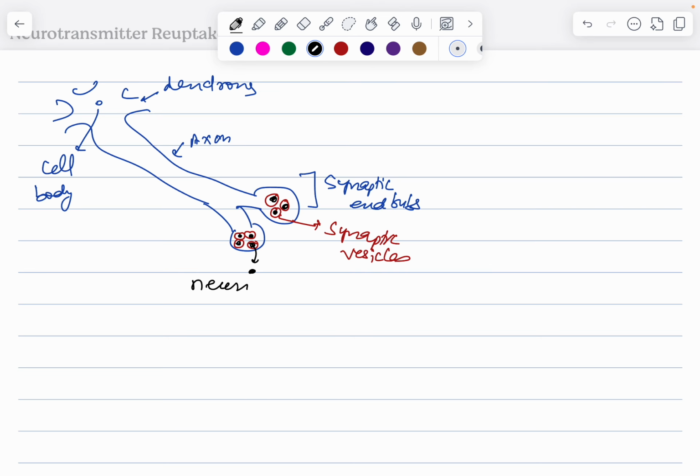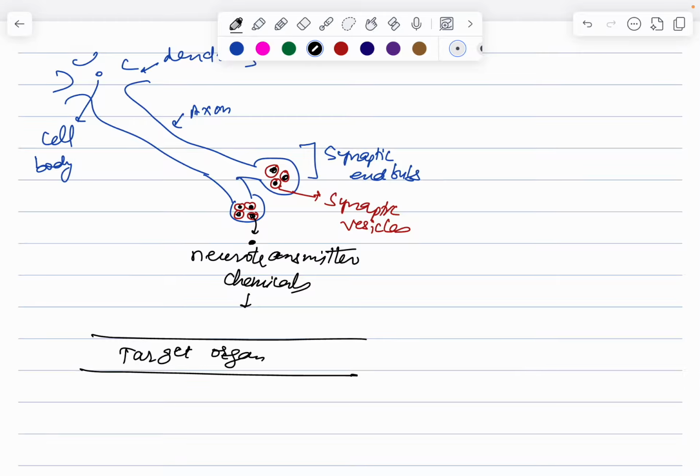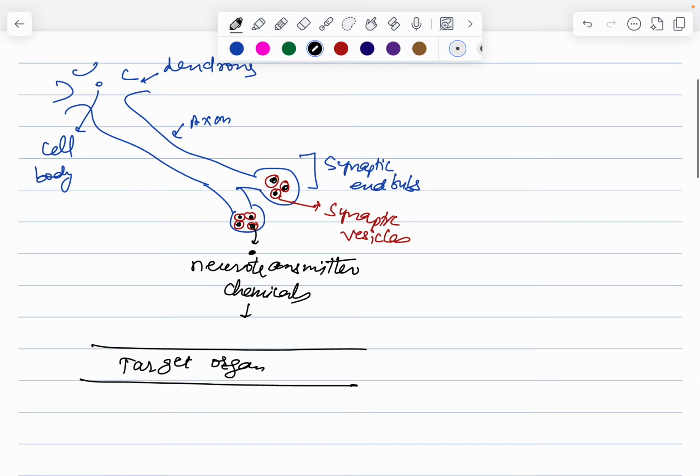So here is the neurotransmitter chemical which has come out of the neurons, and this is supposed to attach to the target organ. The target organ that I told you in the previous class can be a muscle, or it can be another neuron, or it can be a gland also, whose secretions are to be controlled by the neuron.